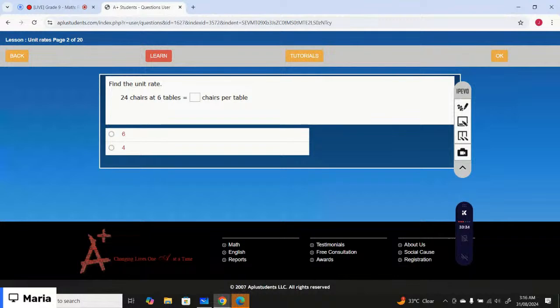So you have to divide 24 by 6 because 24 chairs are for 6 tables. Whenever you have to calculate the unit rate, you have to divide the total by the number of things, right? So 6 times 4 is 24. That means 4 chairs per table. The correct option is 4.